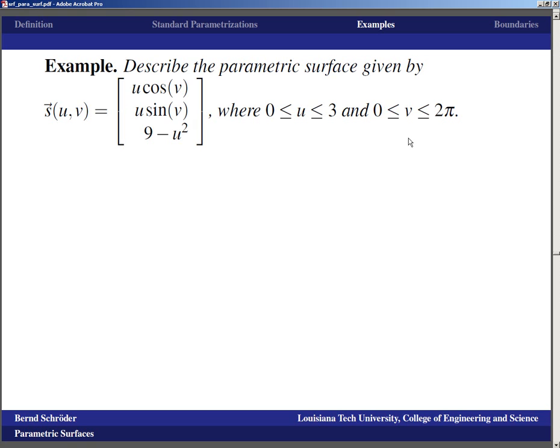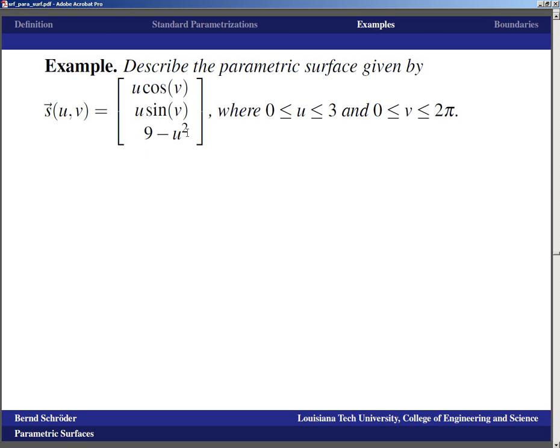We just have to remember that when we look at parametric surfaces, it's always good to just hold one of the variables constant and then let the other variable vary. If I hold u constant, I get a circle, because cosine v, sine v describes a circle multiplied by u. It's a circle of radius u, and the circle will be at height 9 minus u squared.